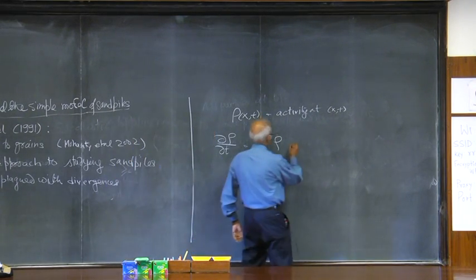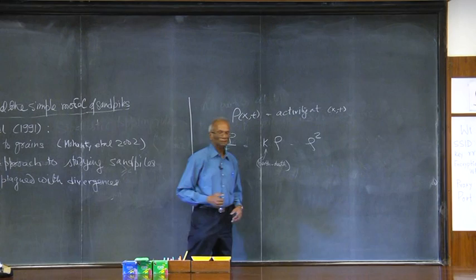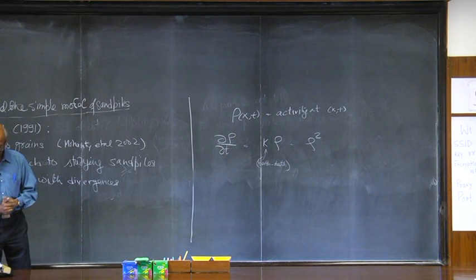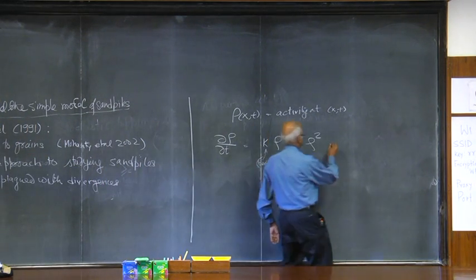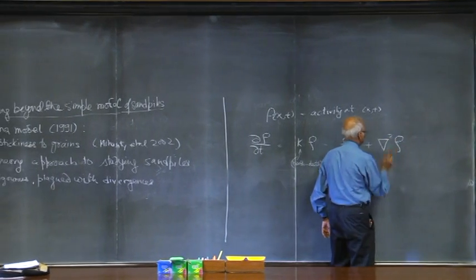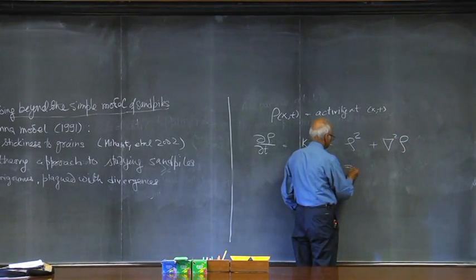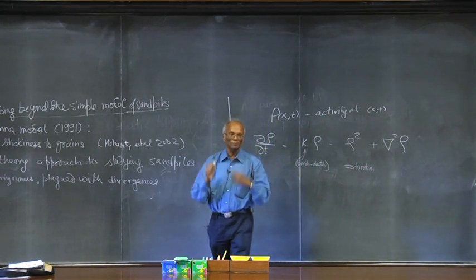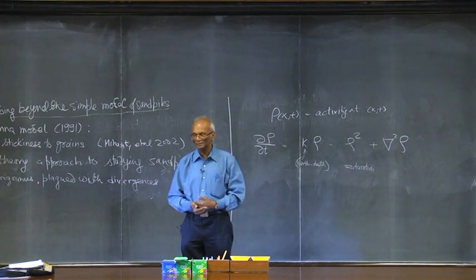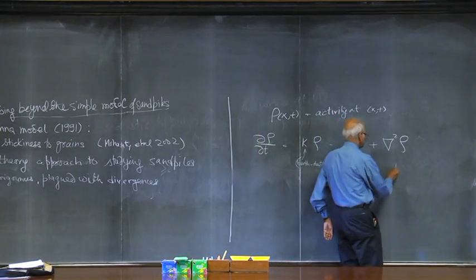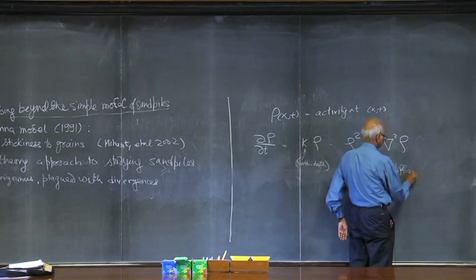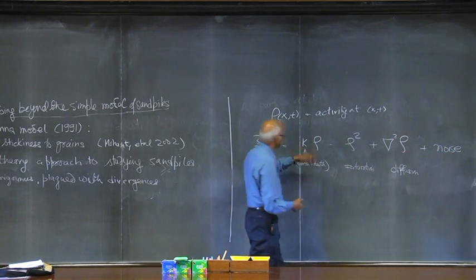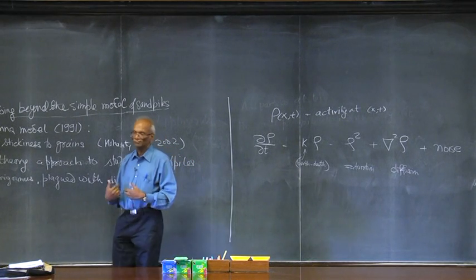Okay. Then there is a term like rho squared, which is said to be the saturation effect. And then there is a term like del squared rho, which is diffusion. The saturation says that there will be some asymptotic value which will be reached, things do not keep on going linearly. And then there is noise, because these do not obey deterministic equations of motion, you have to have noise.